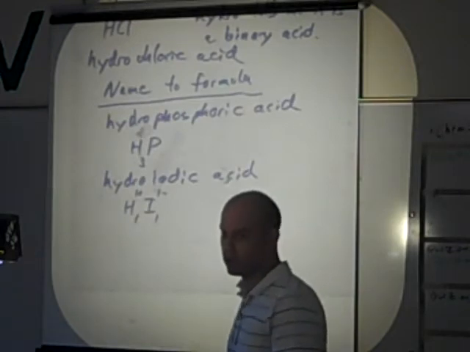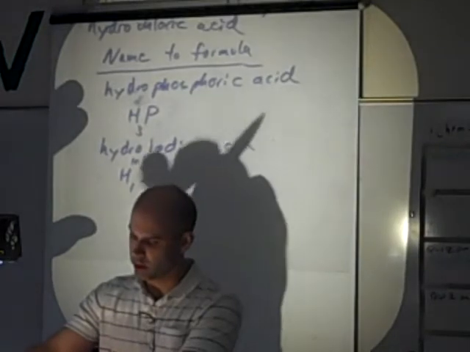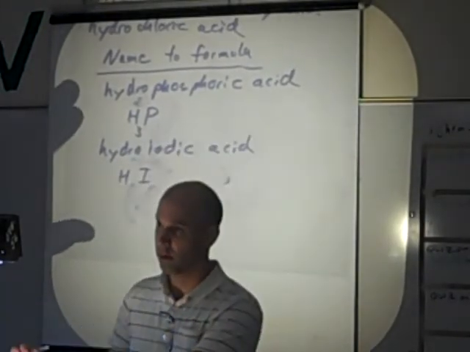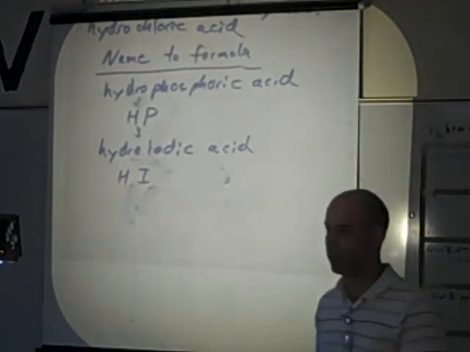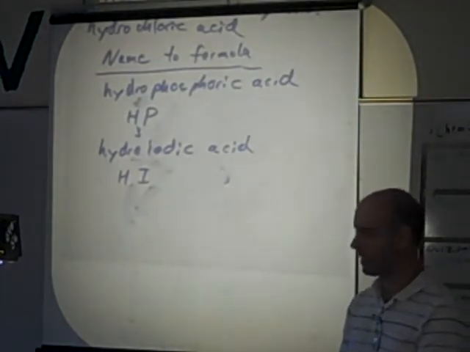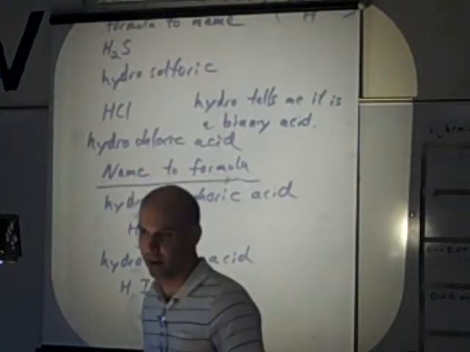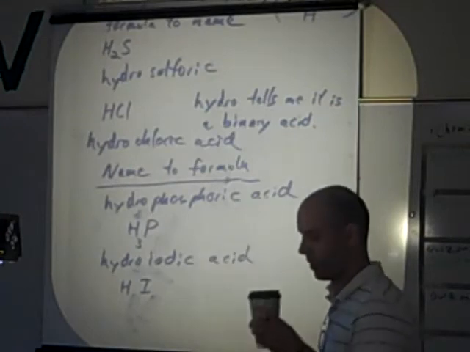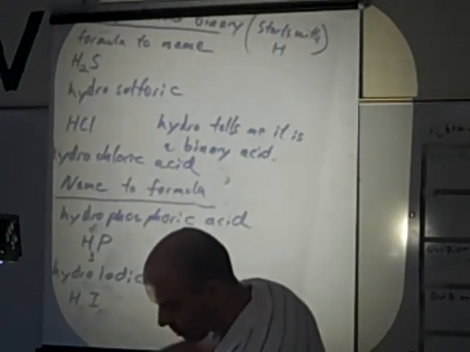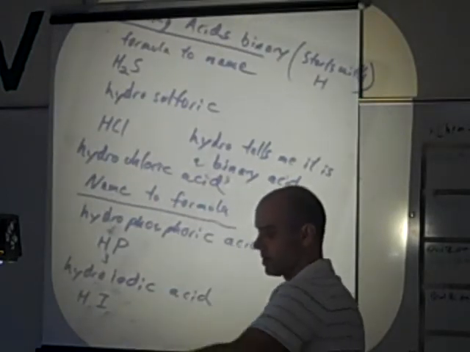It's already balanced. So we get to erase our charges. And there we go, HI. All right, so questions on the binaries, before we bring it on home with the ternary acids.